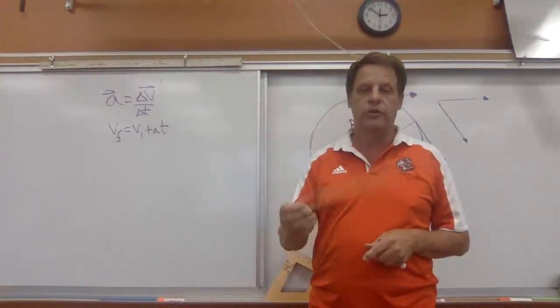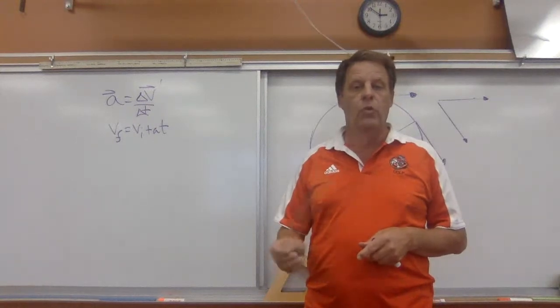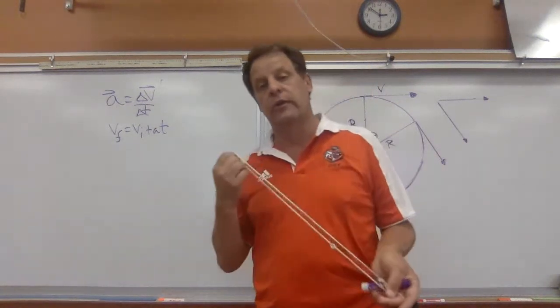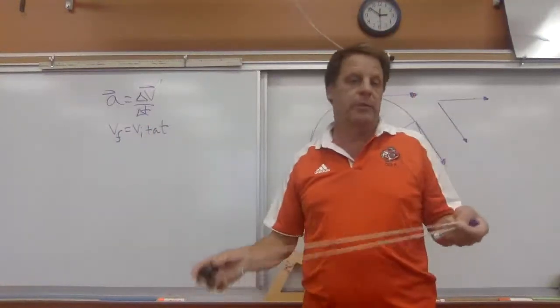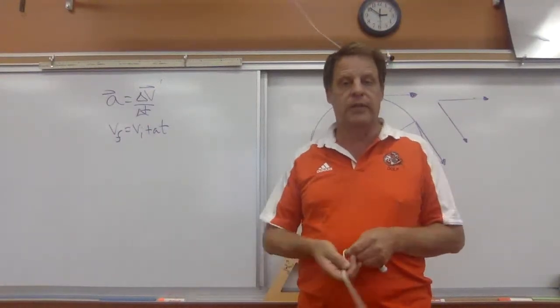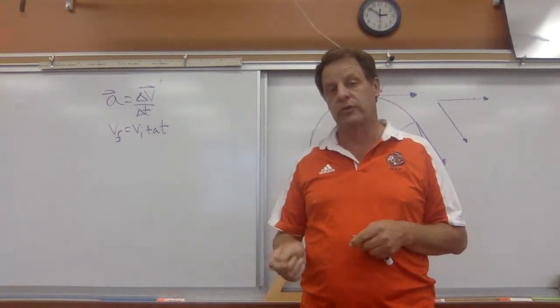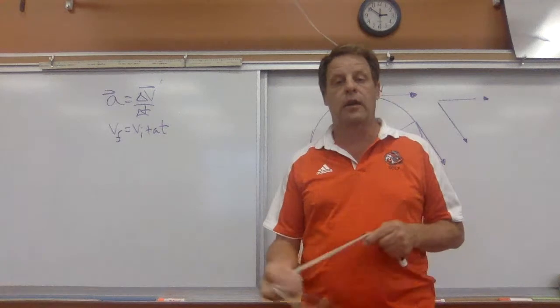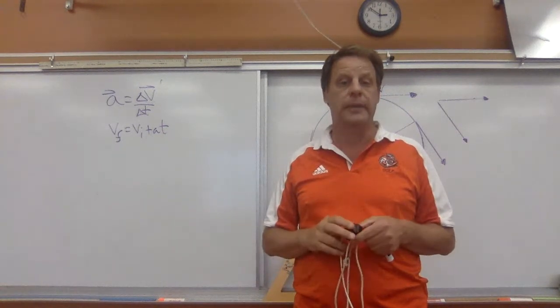If you have an object that is moving around with a constant speed, let's say 10 meters per second, it's not a constant velocity because it's constantly changing directions. But we can say it has constant speed.